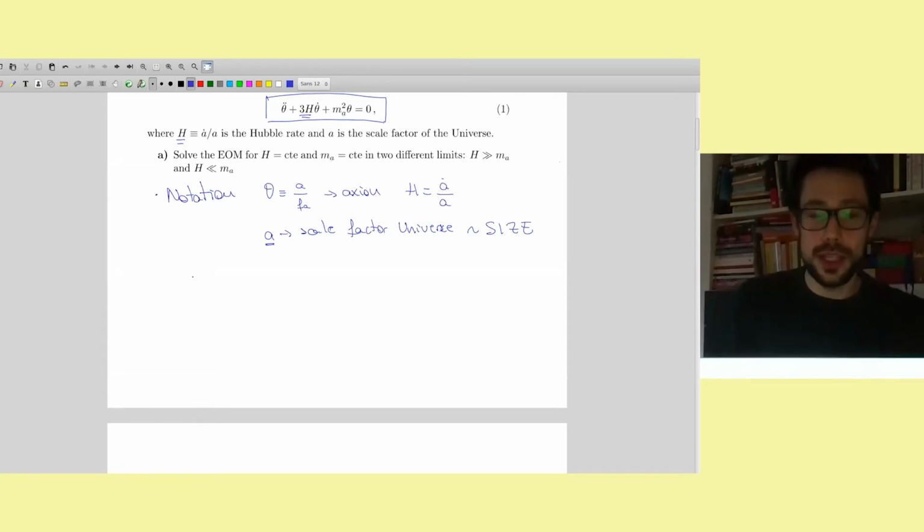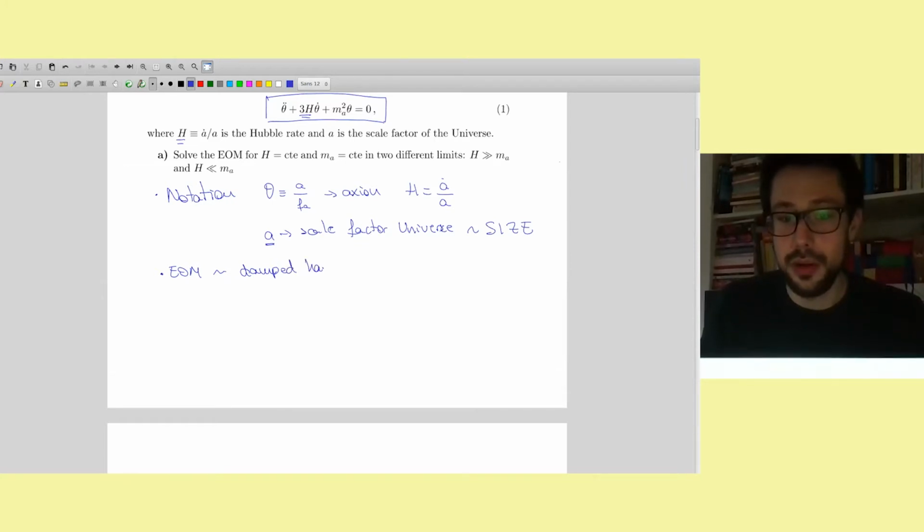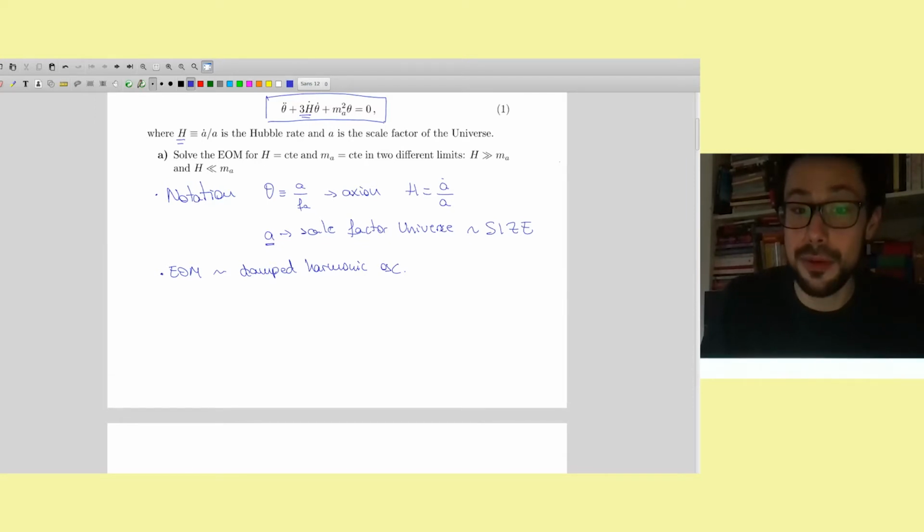So the first thing that we can see is that the equation of motion is analogous to that of a damped harmonic oscillator. In this case, the mass is the frequency, and the Hubble parameter will play the role of the friction. So this is equivalent to the usual form for a harmonic oscillator.